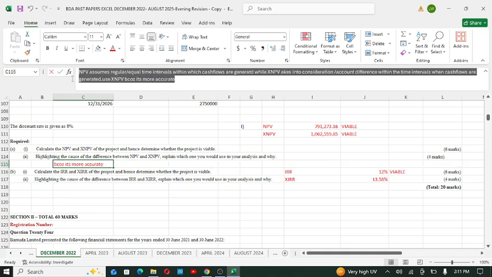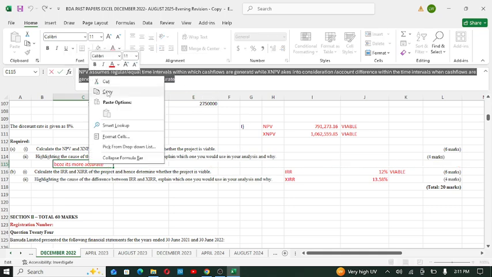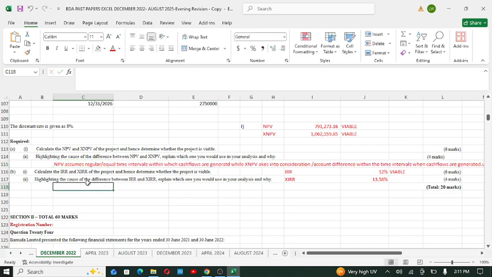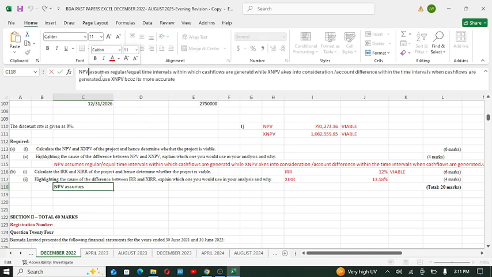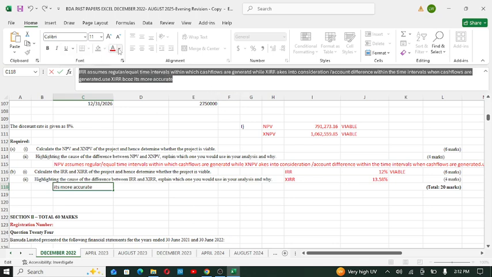You can just copy this and paste it here, then change this one to IRR, while this one will be XIRR. You also need to choose XIRR because it's more accurate. Then you will have your 20 marks.